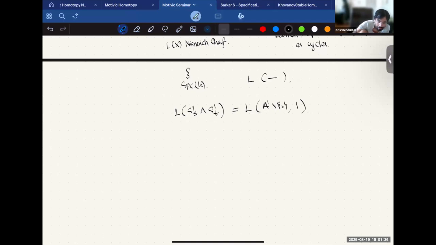Now this is the same as saying L of A^1 over L of Spec K. I don't know exactly how, but I will just write the facts down here.